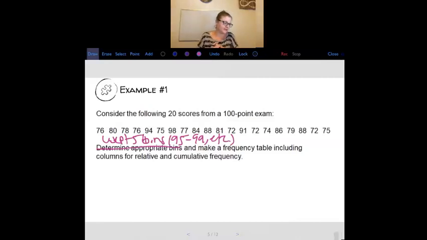So the first thing that I would do when you're working with a data set and we're going to group the numbers, notice we're grouping 95 to 99 together. So it'll be helpful to see these values in order. So I've already written them down. Make sure you get the same thing when you write these as least to greatest.